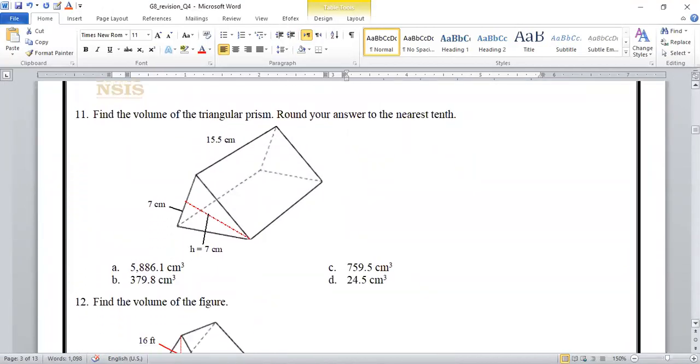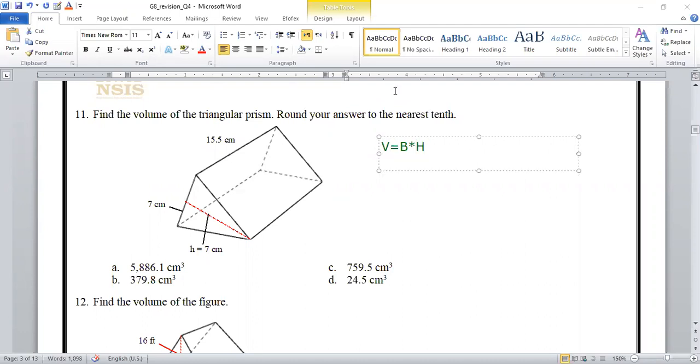Find the volume of the triangular prism. Round your answer to the nearest tenth. The volume of a triangular prism is like the volume of a cylinder. The volume of a cylinder equals the area of the base times the height.